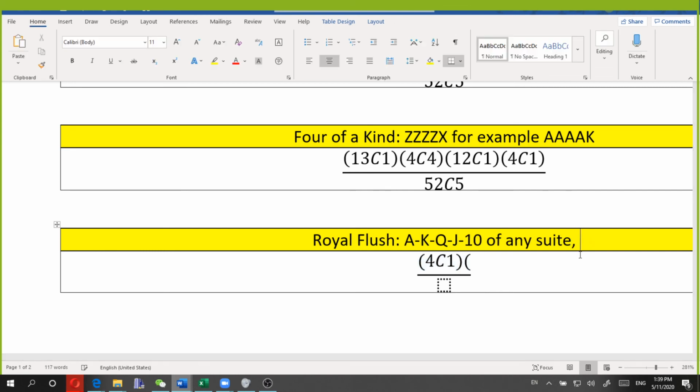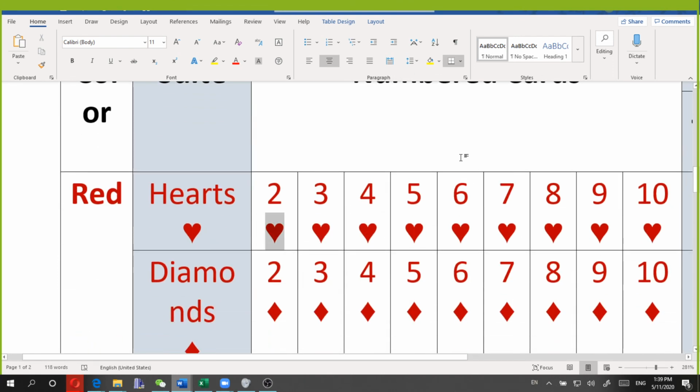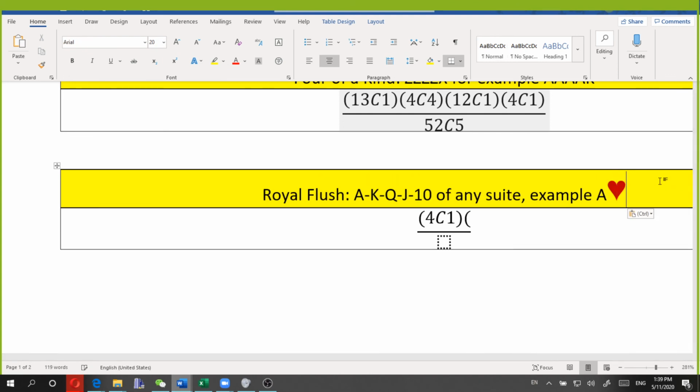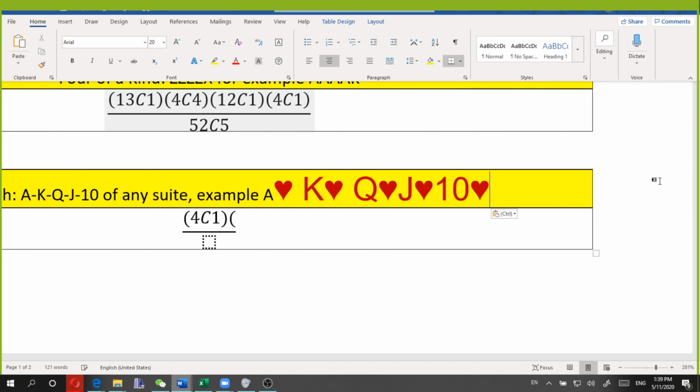Let me give you an example. So we've got Ace of Hearts, King of Hearts, Queen of Hearts, Jack of Hearts, Ten of Hearts. They all have to be the same suit, and they have to be Ace, King, Queen, Jack.